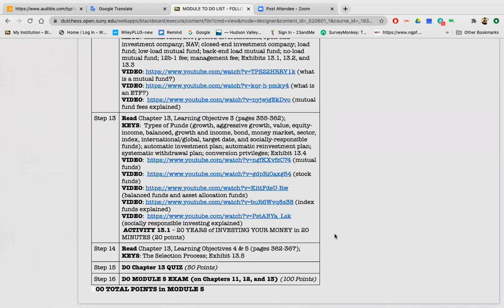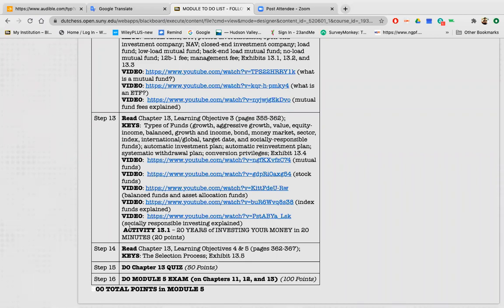Socially responsible investing is investing in companies that usually do good by the planet. They're environmentally conscious, and they do quite well. So basically just an introduction to that, which I think is important for you to understand.